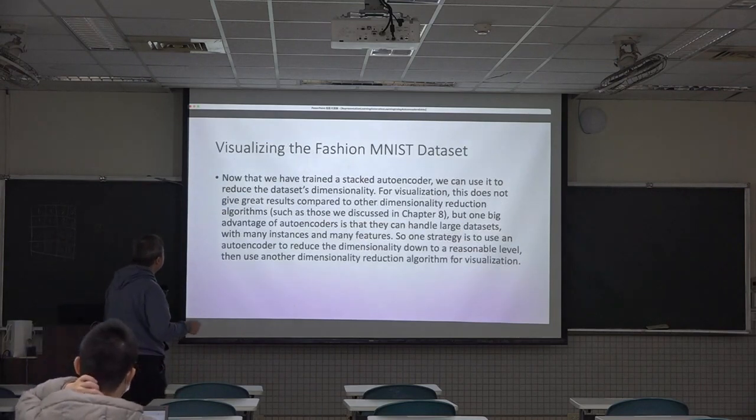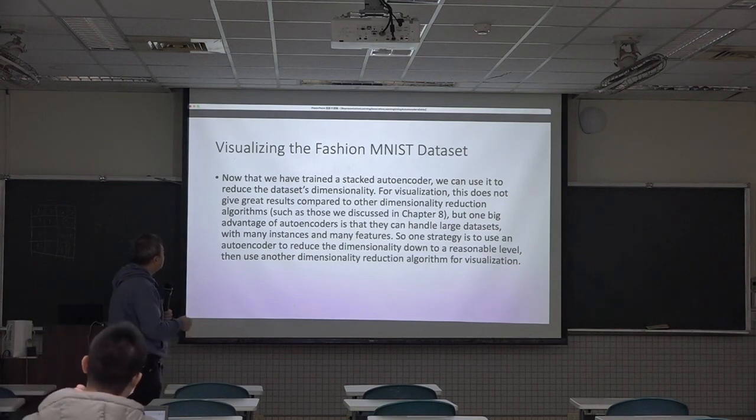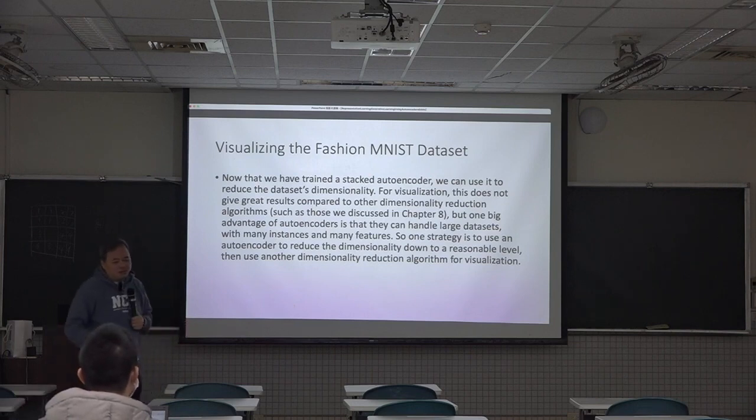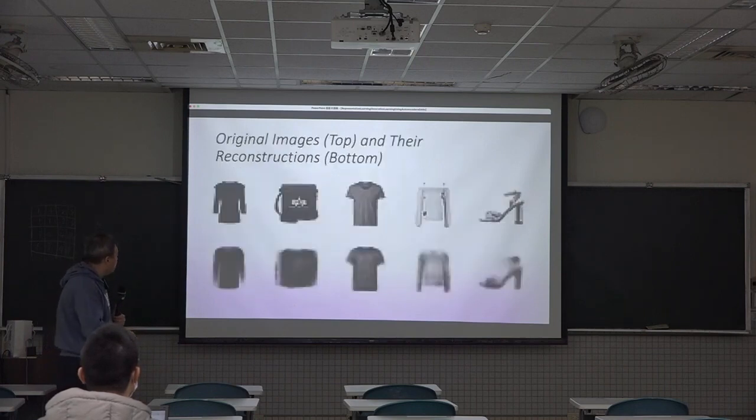So we have trained a stacked autoencoder. We can use it to reduce the dataset dimensionality. This is of course one of the possible applications, but for visualization, this does not give great results compared to other dimensionality reduction algorithms. Why? Think about this.